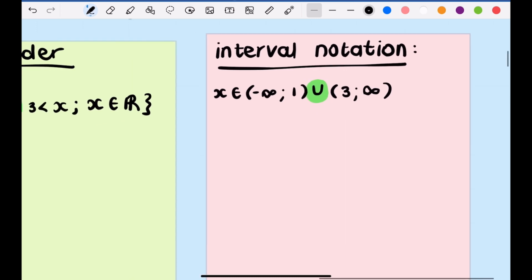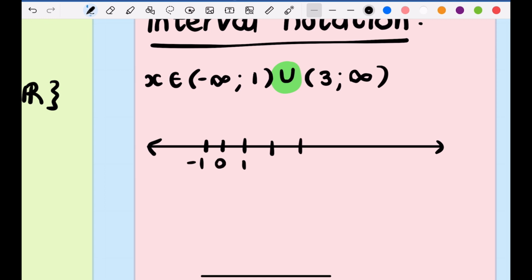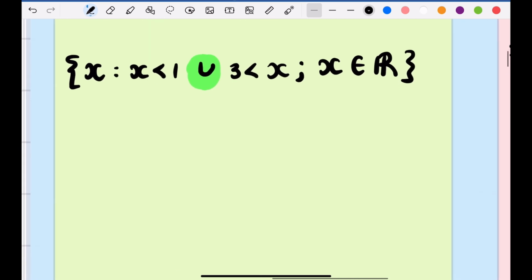So drawing this on a number line from the interval notation, it's going to be up to 1. And then we're going to keep on drawing our number line. And from 3, it's going to go up. And from 1, it's going to go down. Okay, so that is how it'll look. And the same if you draw it from here.